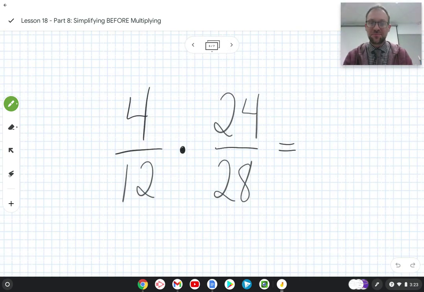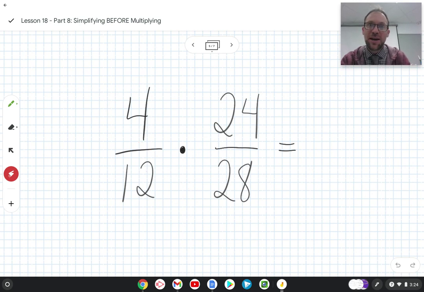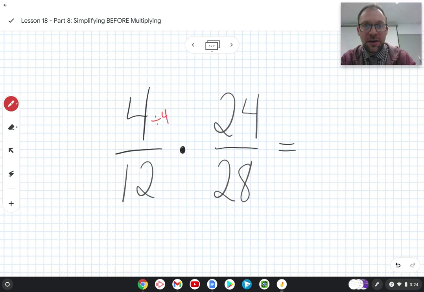All right, so here we have 4/12 times 24/28. Well, check this out. I'm going to eye 4 and 28. Oh my gosh, yes. 4 times 7 is 28. So 4 is the greatest common factor. If I divide 4 by 4 and 28 by 4, I'm going to get 1, and 28 divided by 4 is 7.